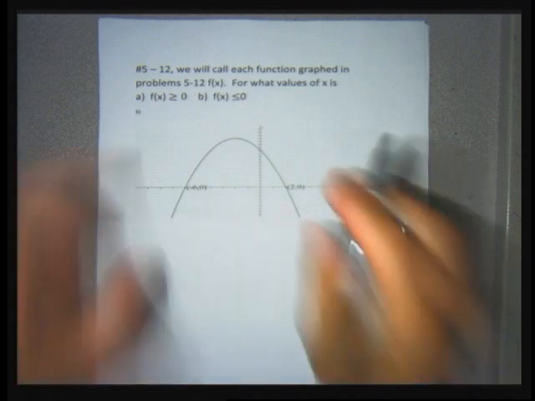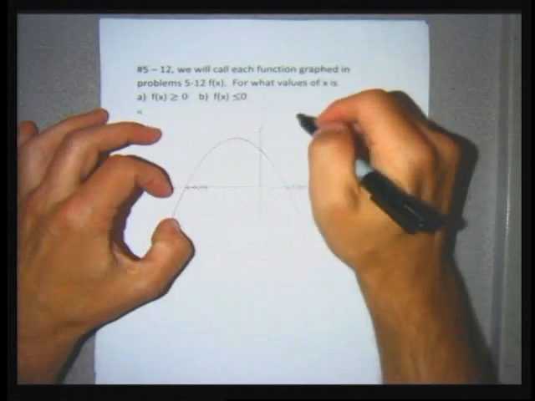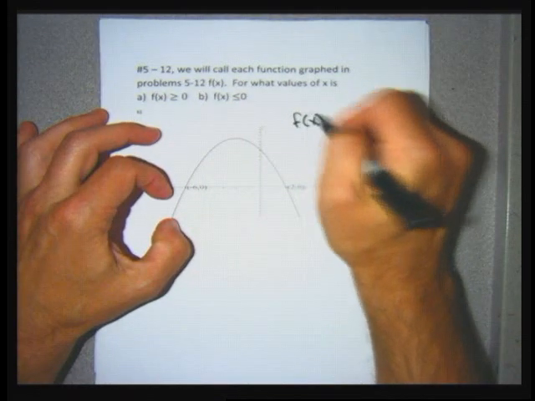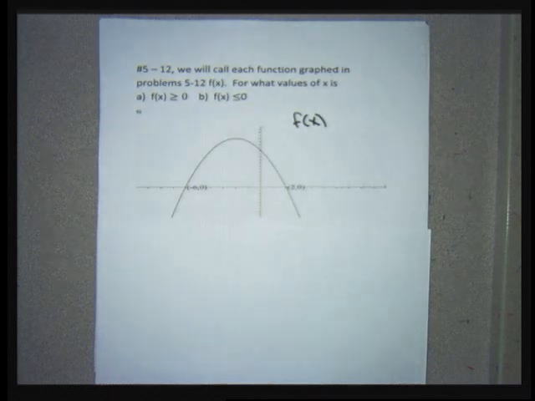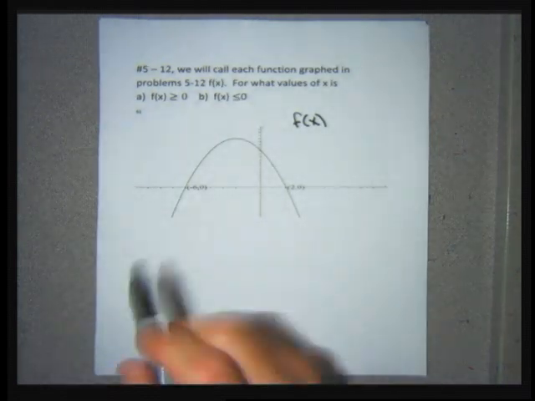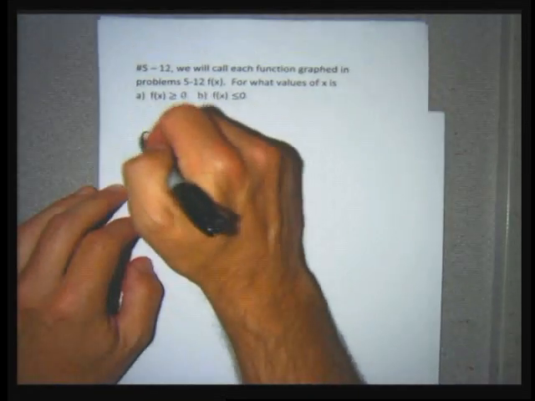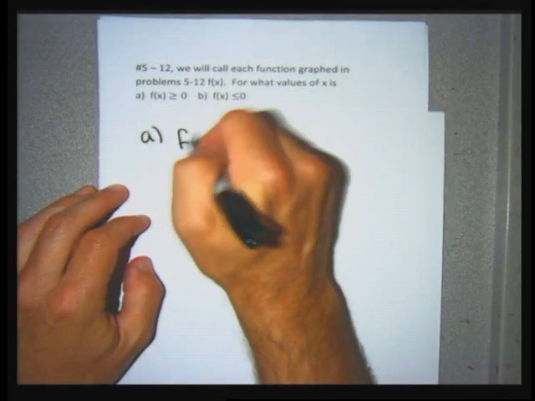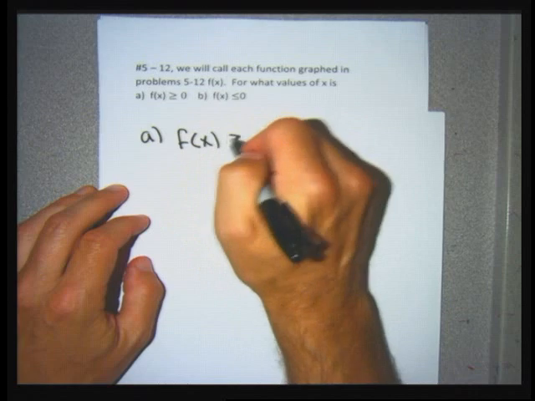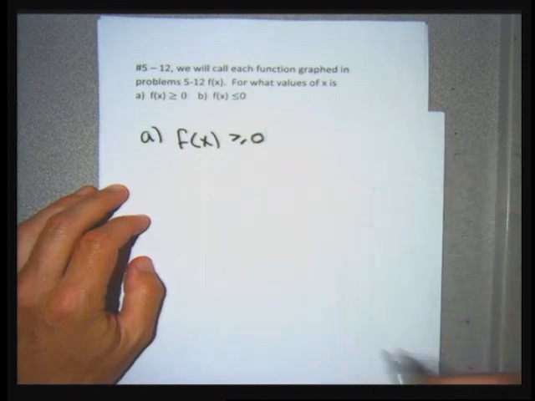So this graph, I'm calling this equation f of x. It's some parabola. And there are two questions. The first question asked for this particular picture is: find the values of x where f of x is greater than or equal to 0.